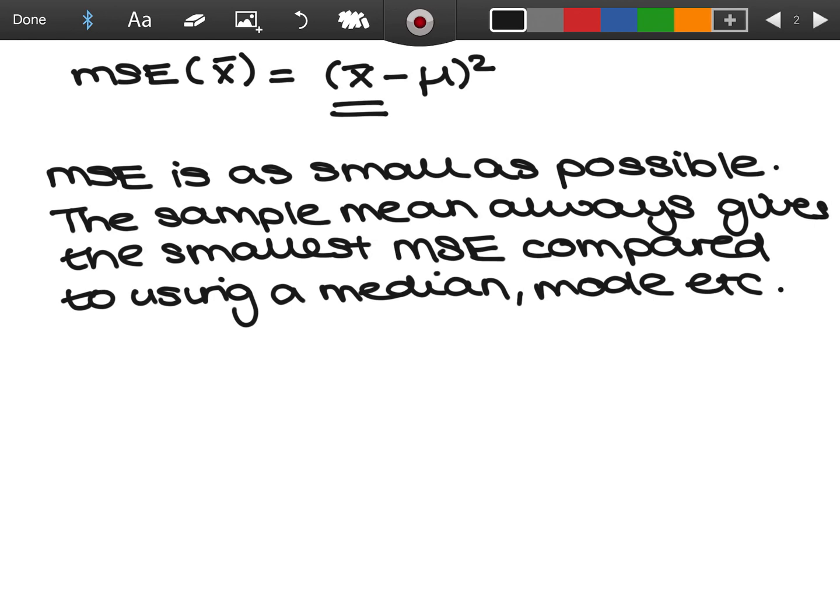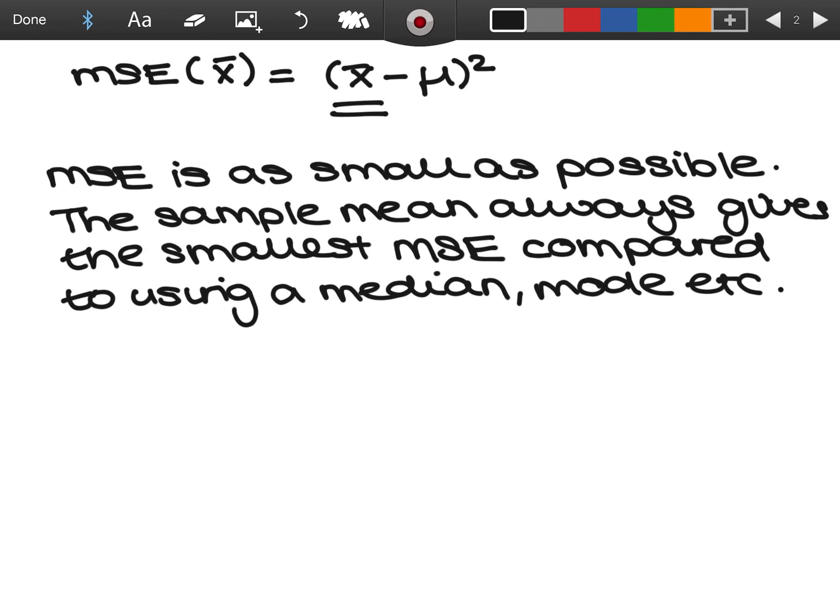Okay, so that mean squared error is the smallest that it can be when we use the sample mean to estimate the population mean. The other thing that you have to be aware of, and this is the case with sample means, is that you have to make sure that it is unbiased.